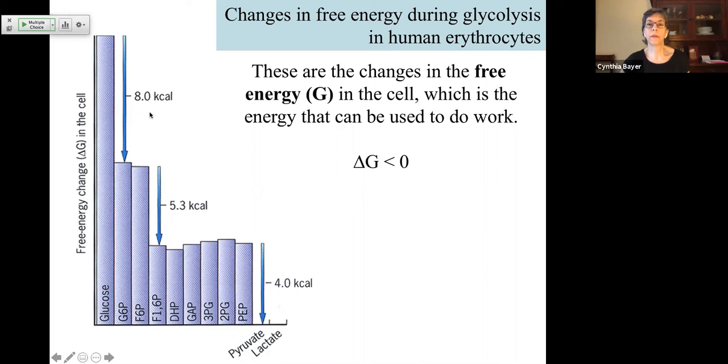Loss of energy during the process of glycolysis. Two of these steps are actually due to the hydrolysis of ATP. One of the steps is due to the synthesis of ATP. So at each of these big steps, ATP is either consumed or it's generated. But either way, the amount of free energy in the cell is reduced.